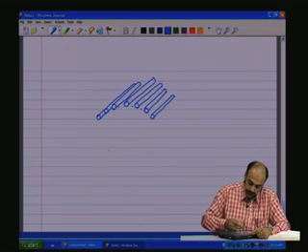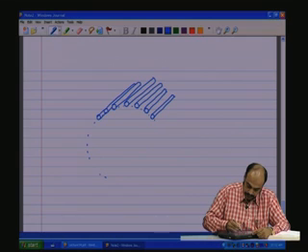So, we have the conductors which are mounted on the rotor in this fashion.